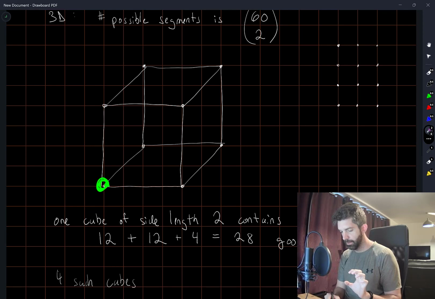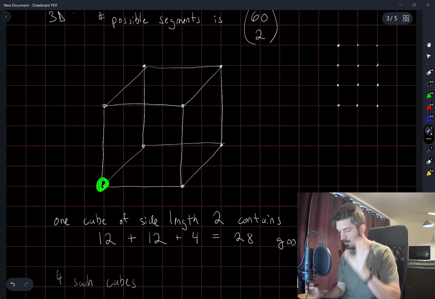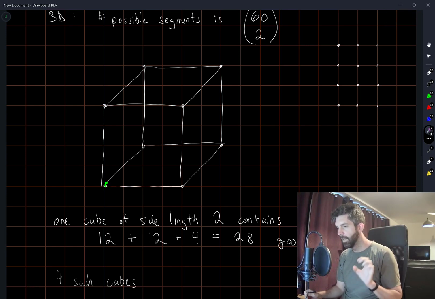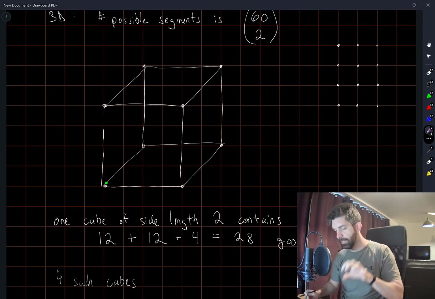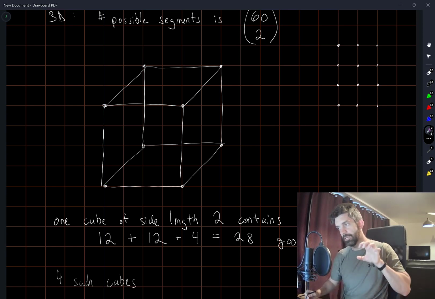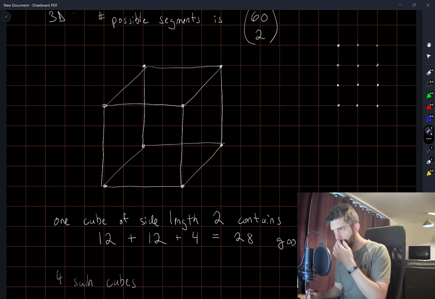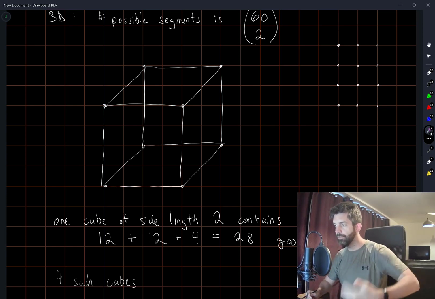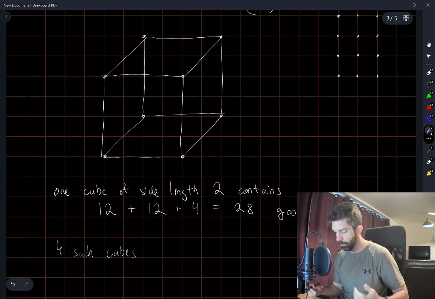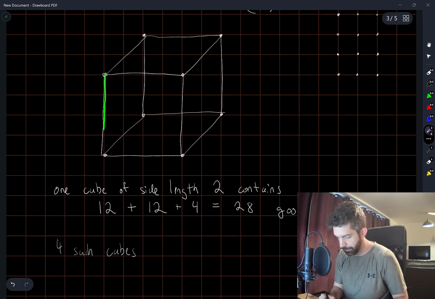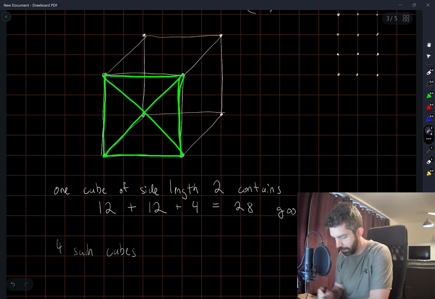I can move it 1 unit up in the y direction. So that's 2 cubes in total. But I can also shift it into the screen, excuse me, in the z direction. That's a third. Then I can shift it in the z and the y direction. That's a fourth. But then when I shift it twice in the z direction and try to count them all again, what I have to do is remove that face. So I have to remove 6.